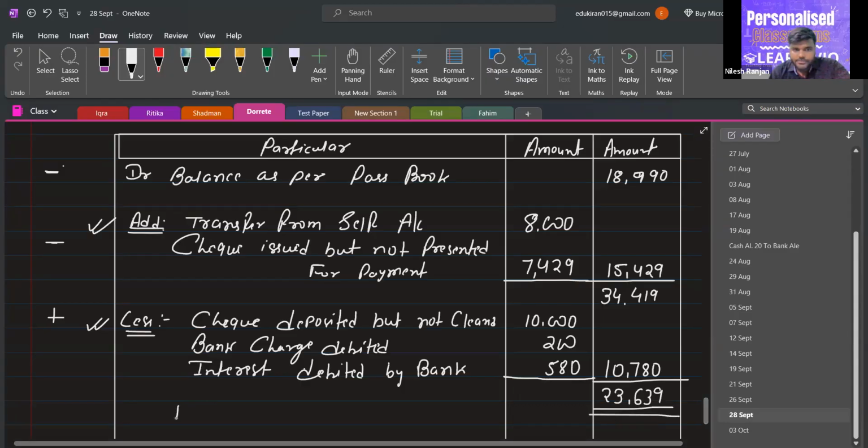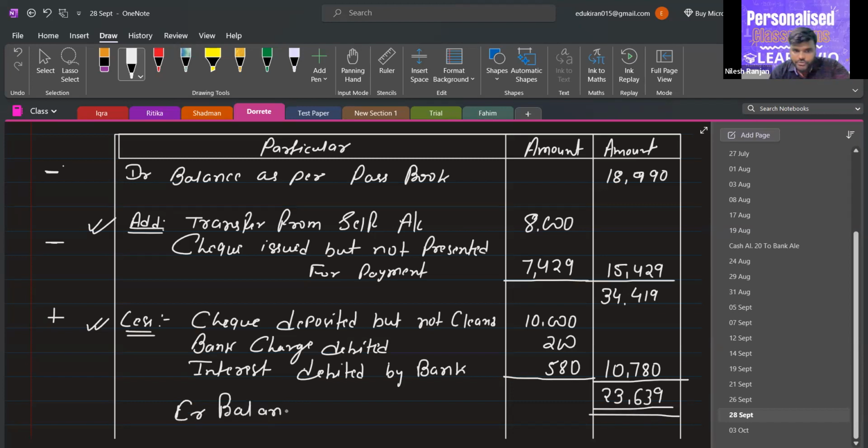So this is our credit balance as per cash book. Is this clear? Yes.